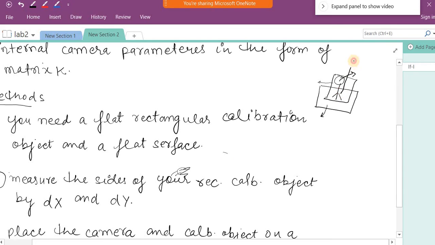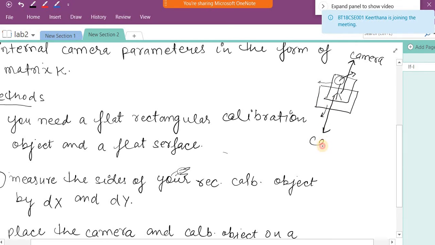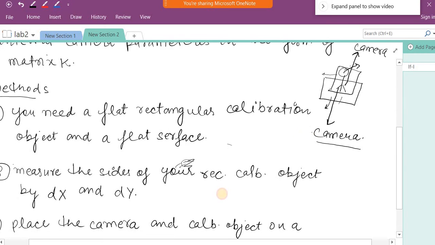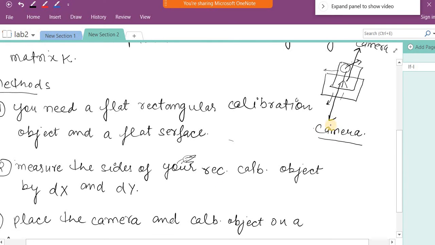In the upper view there can be a camera, as well as in the parallel format, the front format, there can be a camera. If the camera is located at the front, then we can say my object and camera positions are parallel to each other. The camera should be positioned in such a way that the object plotted over the surface is in the center.